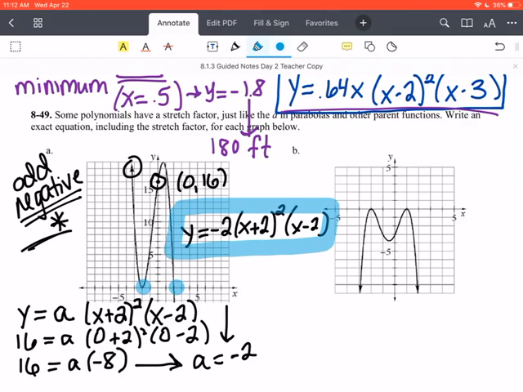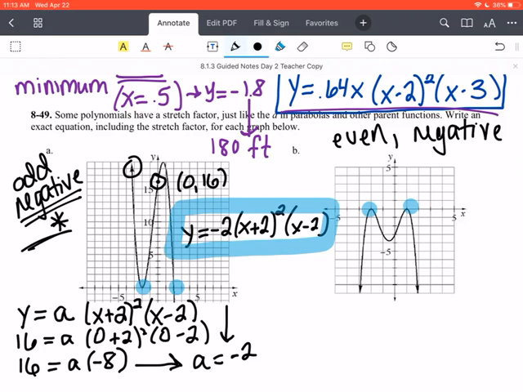Okay, now on this next one, if I do a quick analysis, I know it's not odd. It's like a parabola in its end behavior, so it's even degree. And we also know it's going to be negative in orientation because it's opening down like a frown rather than our normal parabola that opens up. When I look at my x-intercepts, I see that both are bouncing off the x-axis, so I'm going to have two factors that are at least a double root.